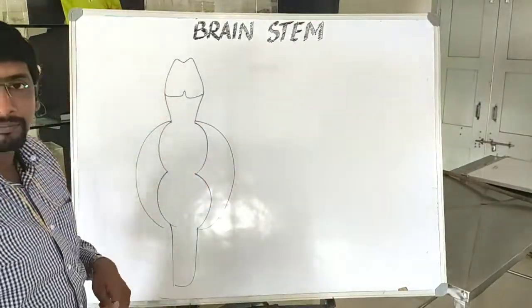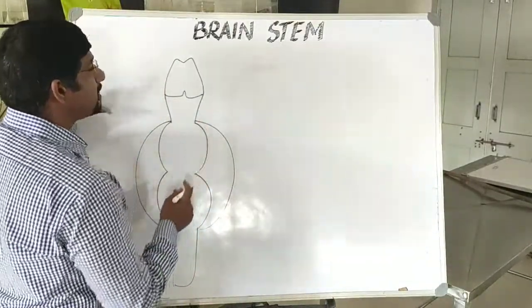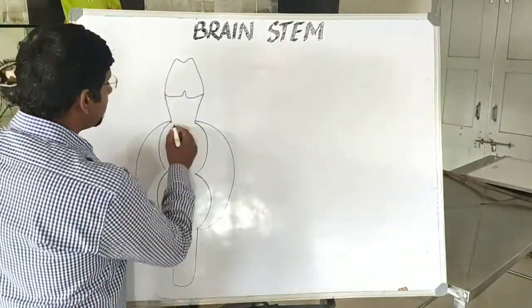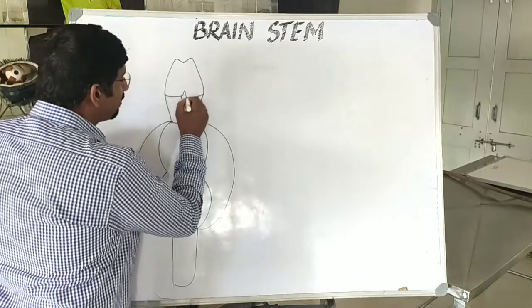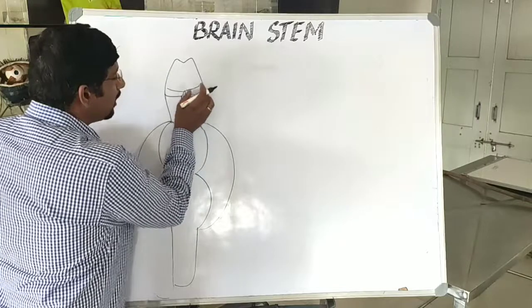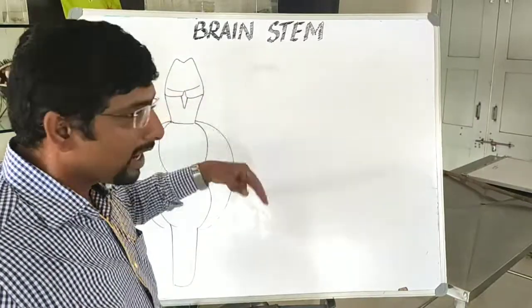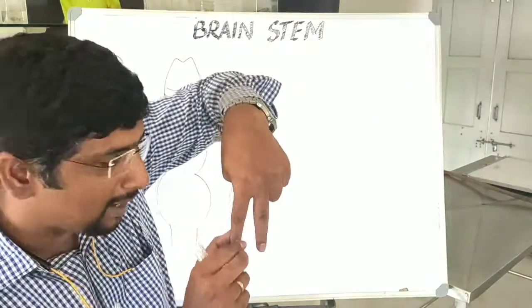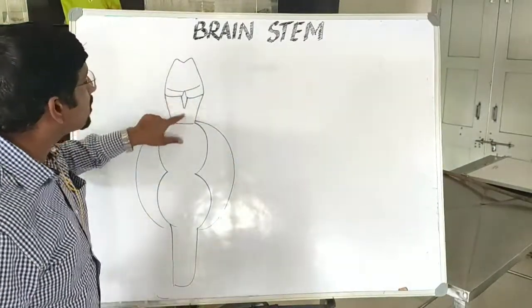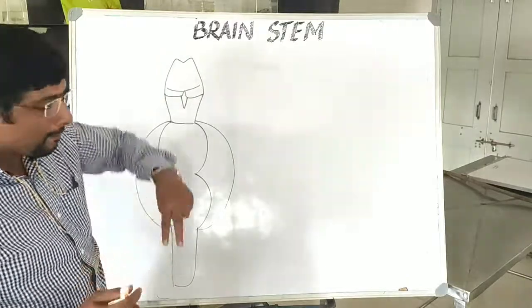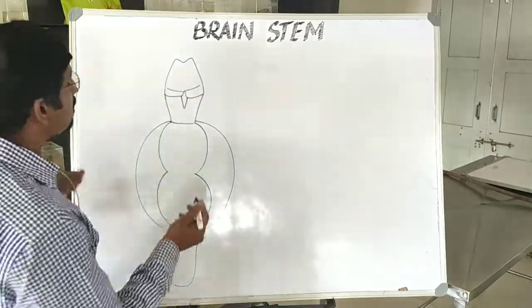So this is the brainstem, this is the midbrain up to this much, and it will have anteriorly the crus cerebri. This much portion, anterior, the two leg-like appearances, are the crus cerebri.